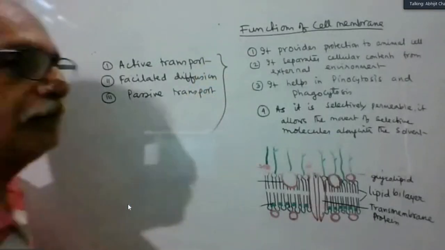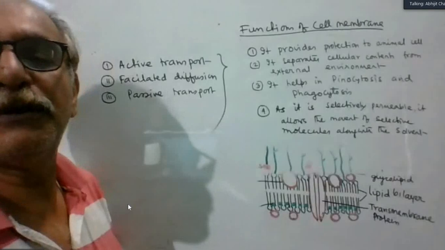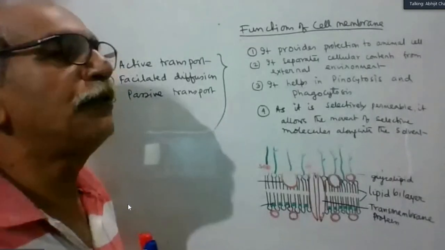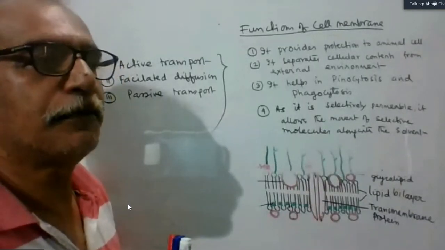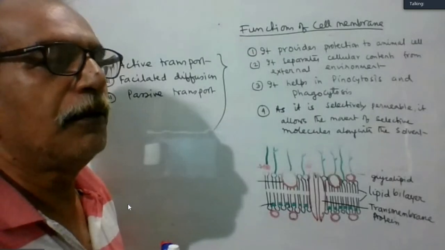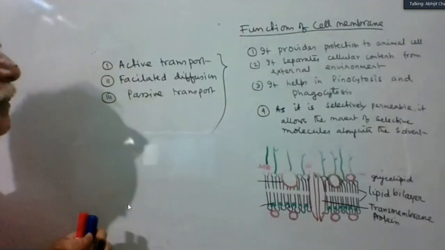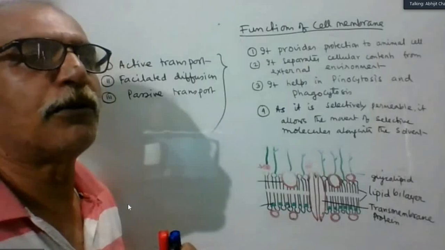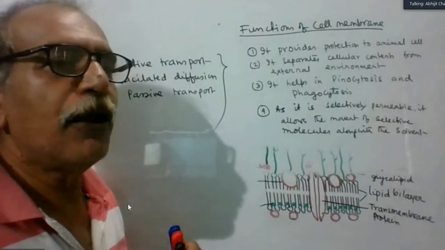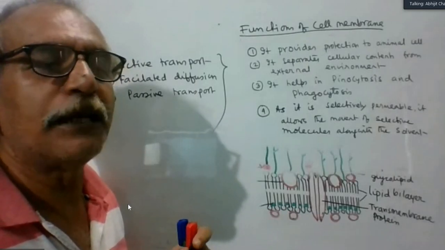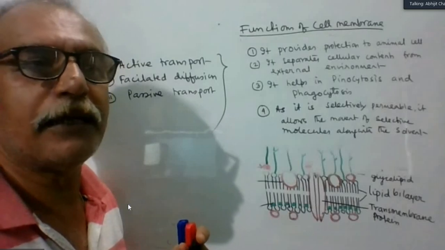Look at these three: active transport, facilitated diffusion, and passive transport. Look at one thing. In passive transport, movement of ions or molecules takes place along the concentration gradient without any carrier or without expenditure of energy.